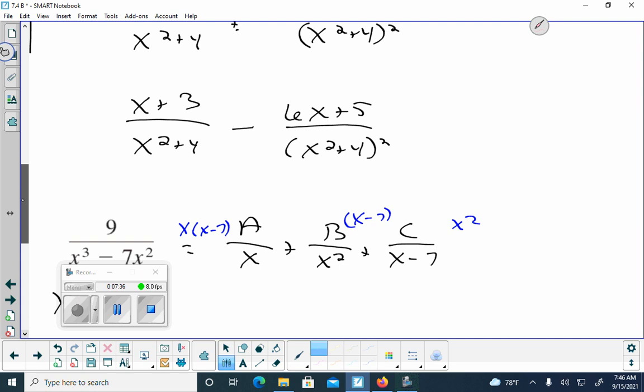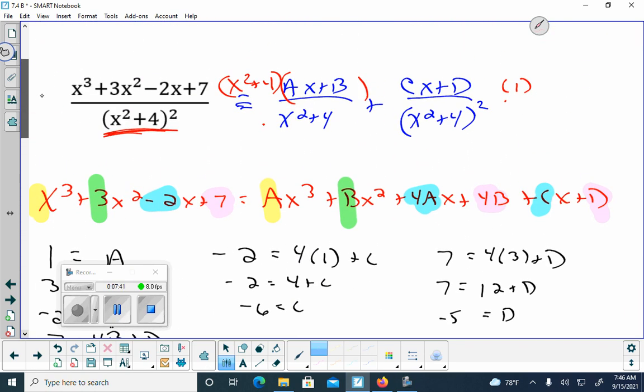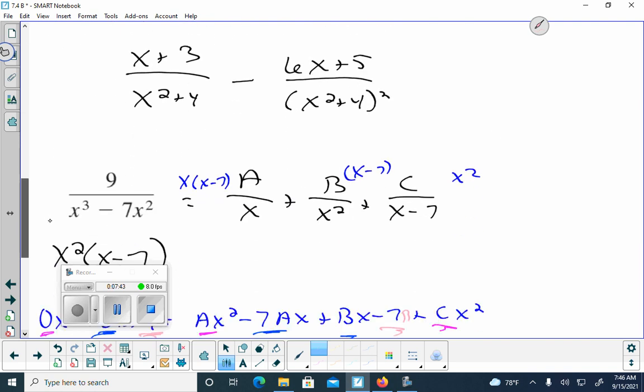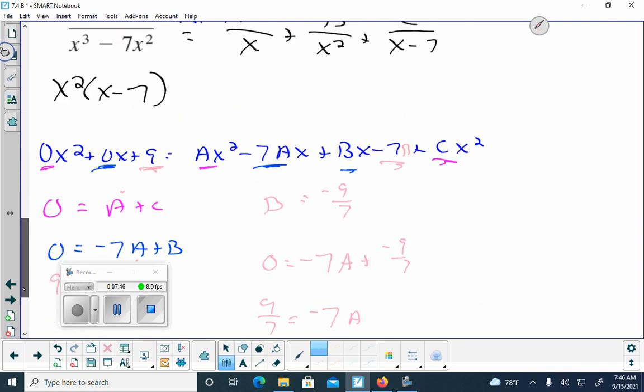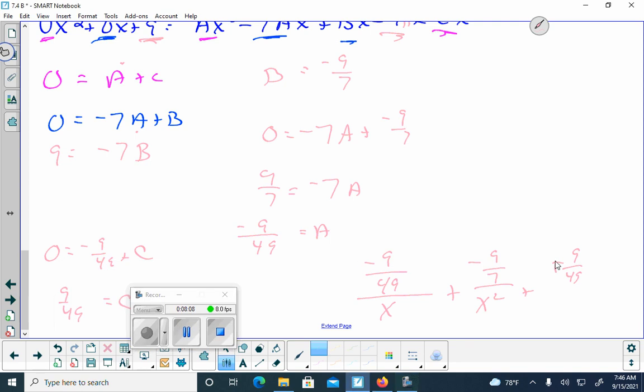Okay, when I go to write them, I have negative 9 over 49, and that's over x, plus b, which is negative 9 over 7 over x squared, plus c, which is 9 over 49, oh, c is positive, over x minus 7.